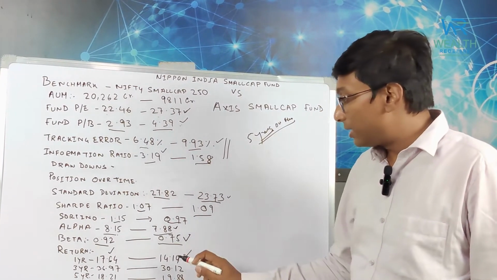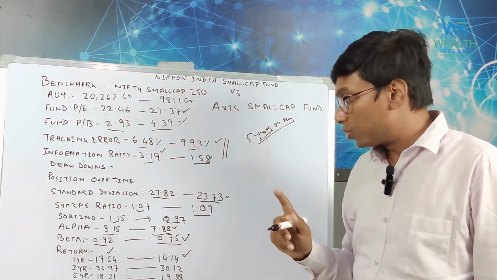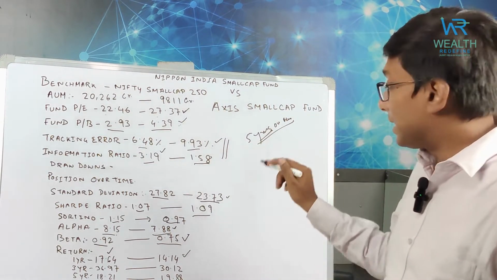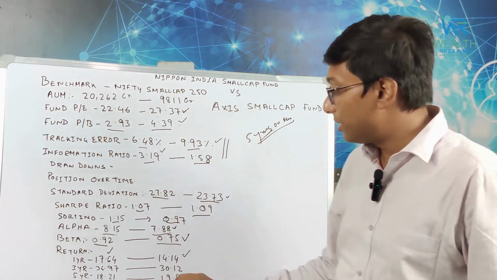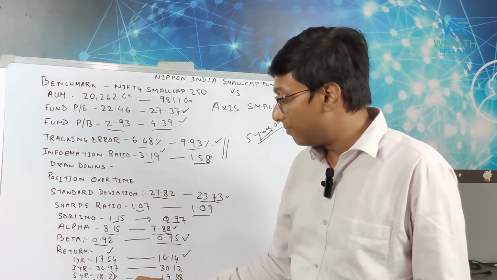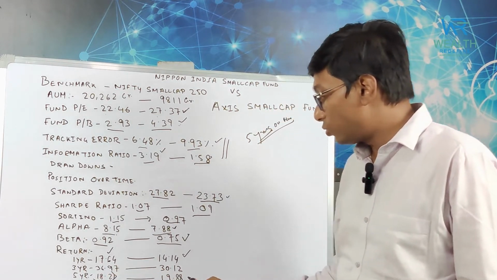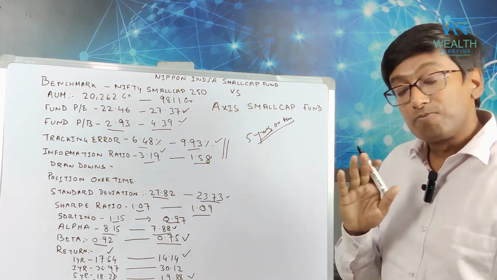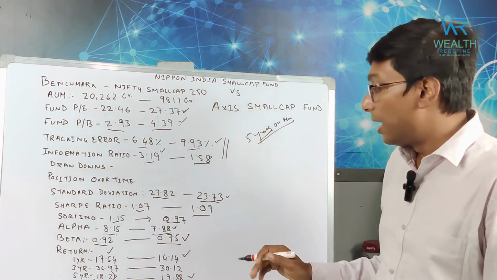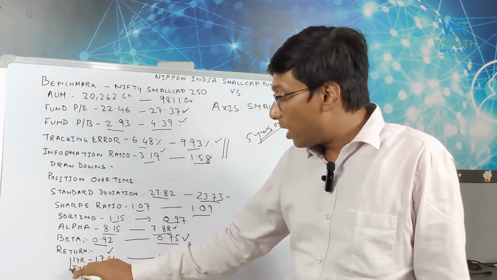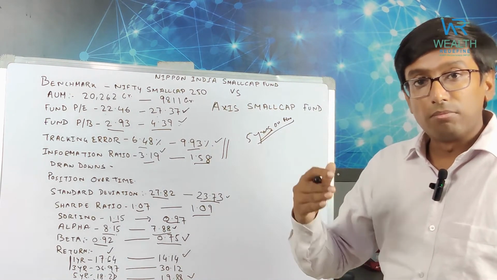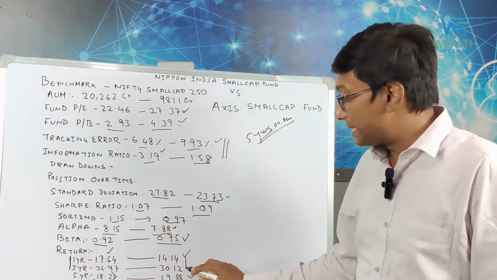Because the drawdowns of Nippon were higher than Axis Small Cap, you can see that in 5 year time Nippon lost to Axis, but after that, because of good recovery, in 3 year or 1 year time Nippon has given a better return than Axis.